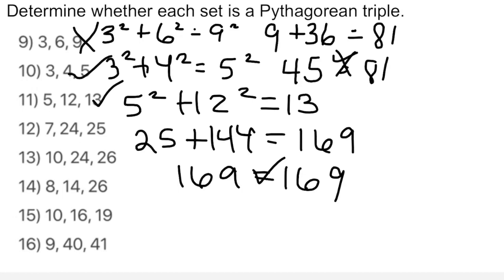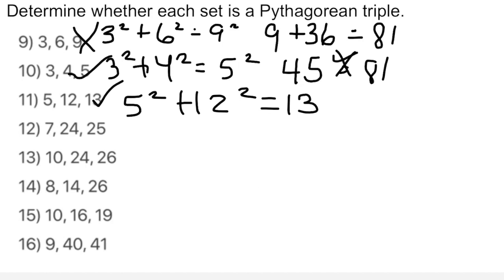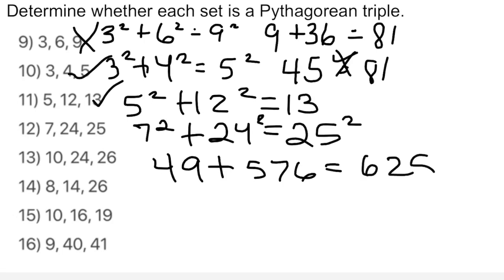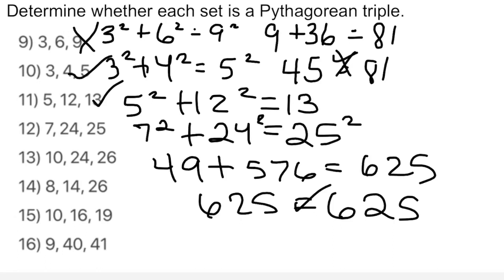Pause the video and try number 12 on your desk. Seven squared plus 24 squared equals 25 squared. 7 squared is 49. 24 squared is 576. 25 squared equals 625. 576 plus 49 equals 625, which equals 625. Those are equal, so number 12 is a Pythagorean triple.